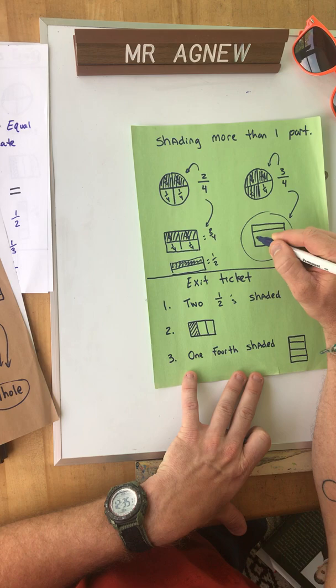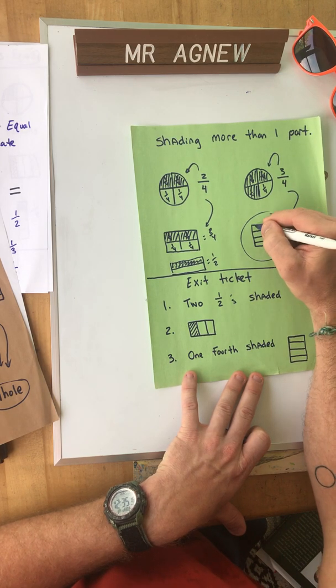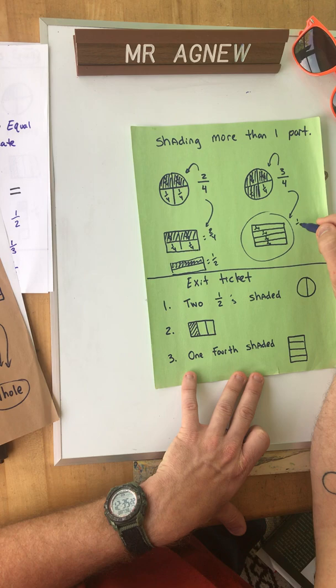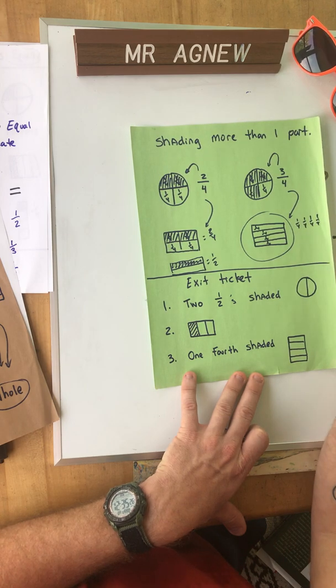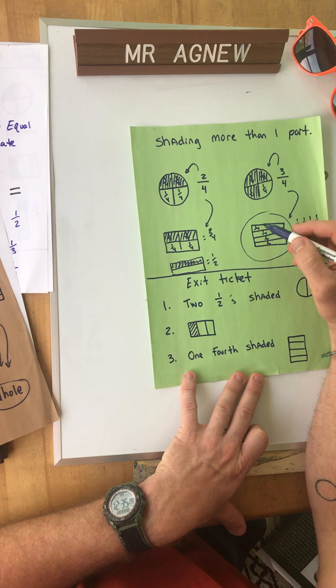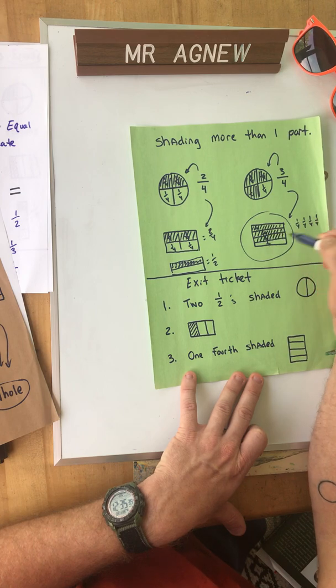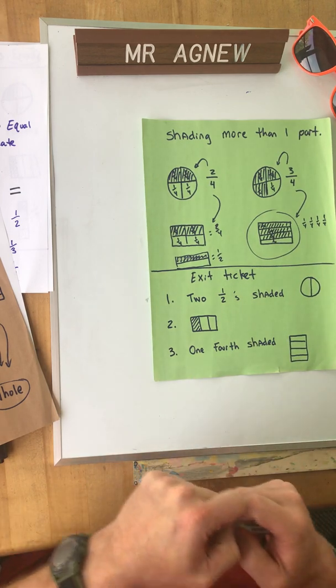You can divide it any way you'd like as long as they are equal pieces. I'd label it 1 out of 4, 1 out of 4, 1 out of 4, 1 out of 4. All those are labeled. Each piece is 1/4. And we're going to shade how many of them? 3. 1, 2, 3. Boom, just like that.